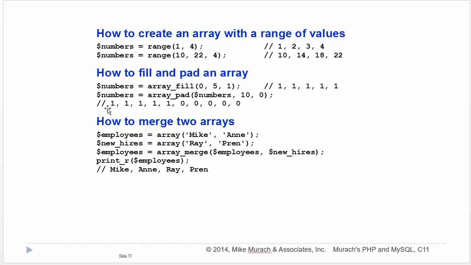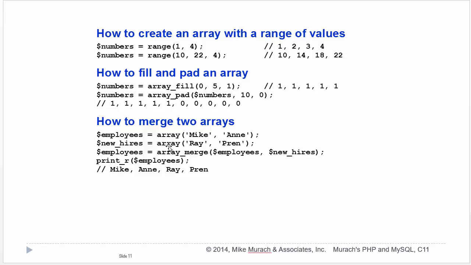So we're taking the original array, which had 5 elements, and we're going to add 5 more, up to 10 total, but we're going to pad it with 0. It doesn't have to be 0, it can be whatever you want. So these are functions that work with arrays.